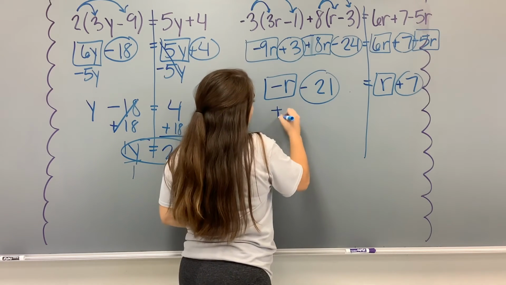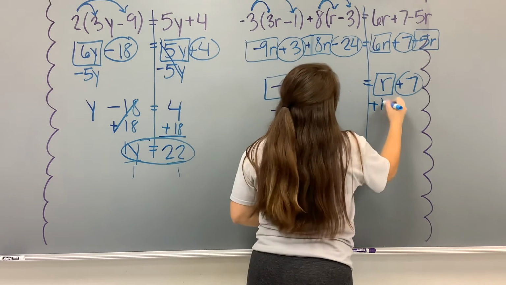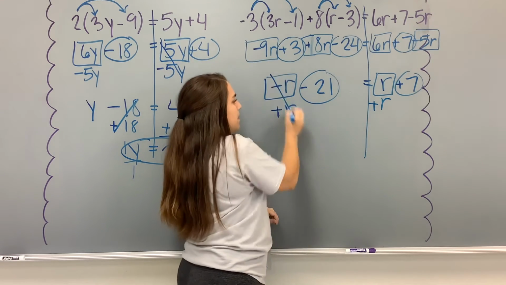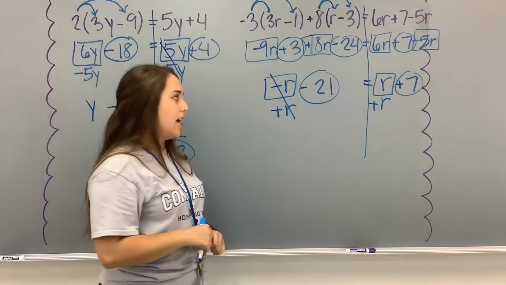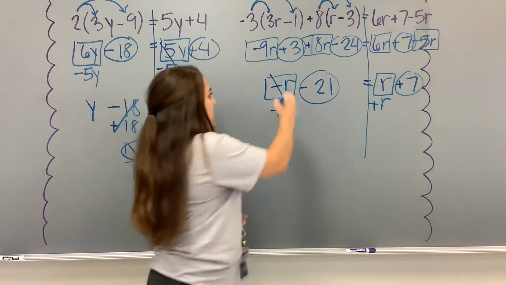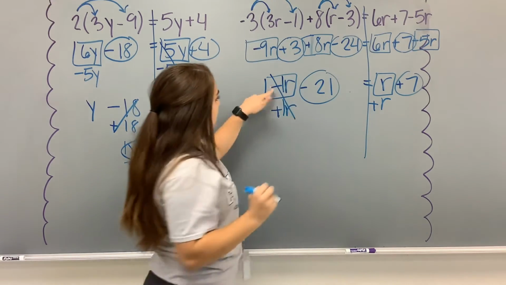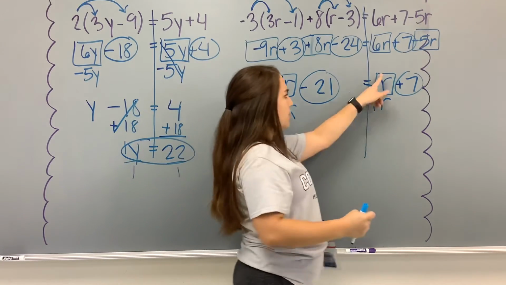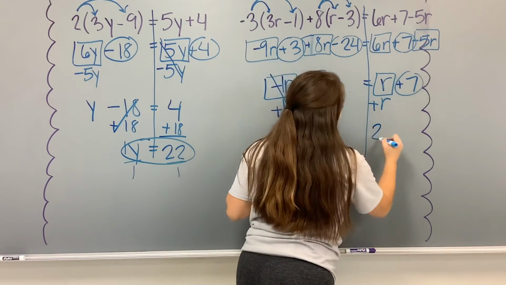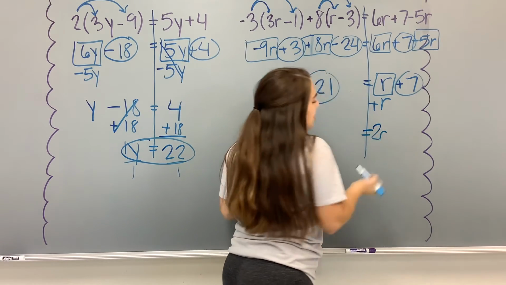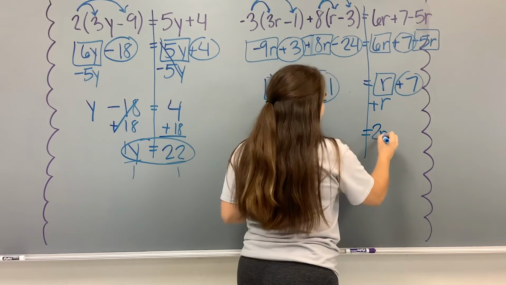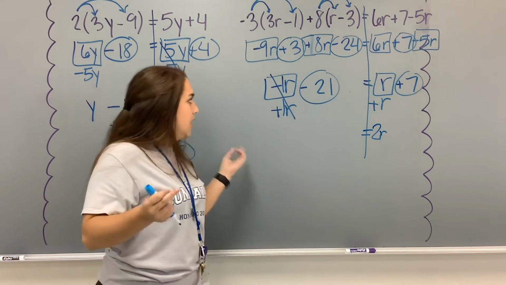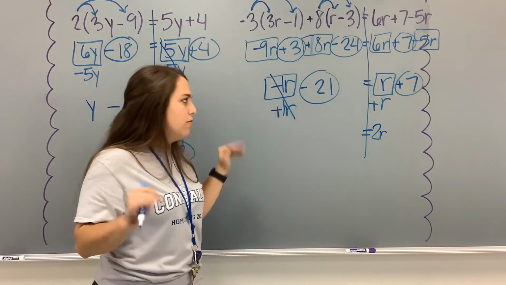I can add r to both sides like this, because -1r plus 1r goes away. If I had actually put ones here, -1 plus 1 is nothing. That's why we do that, okay? And then I move it over here to create 2r. So now I have a positive 2r, which is much easier to work with. Like I said, it wouldn't have been wrong if you would have gone the other way. So it's up to you. If you can see that kind of stuff ahead of time, go for it.